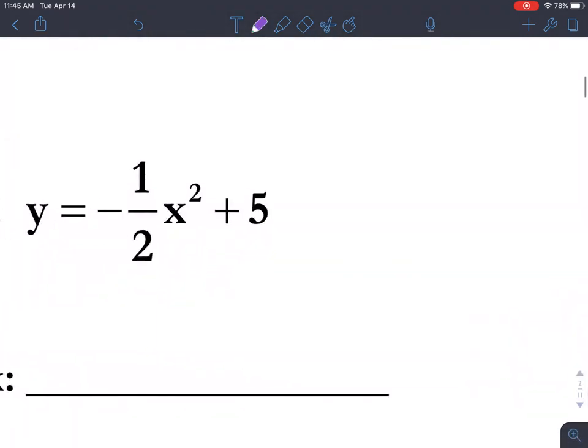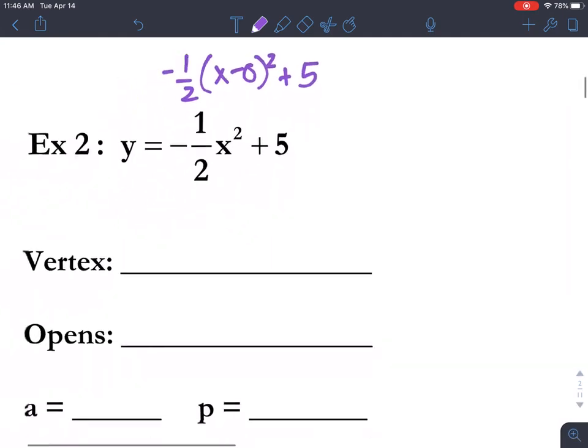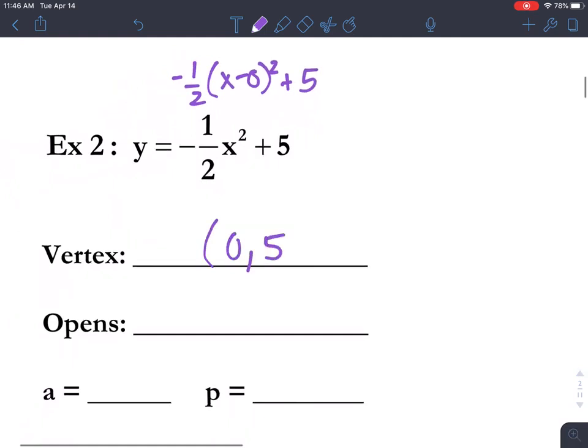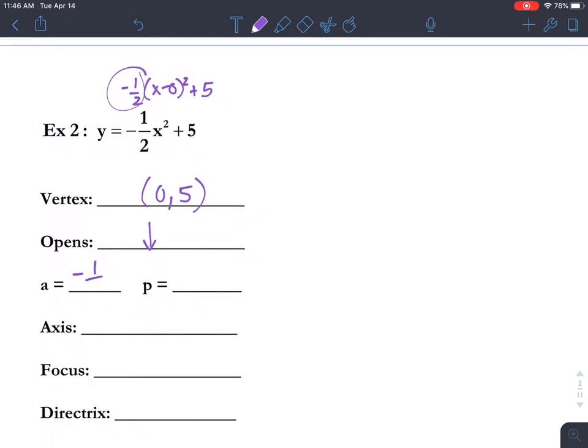So this is in vertex form. Think of it looking like this. That might help you decide what the vertex is. So our vertex is 0, 5. It opens down because we have a negative a value. Our a value is negative 1/2. So we want to know, when is negative 1/2? This is a equals 1 over 4p.